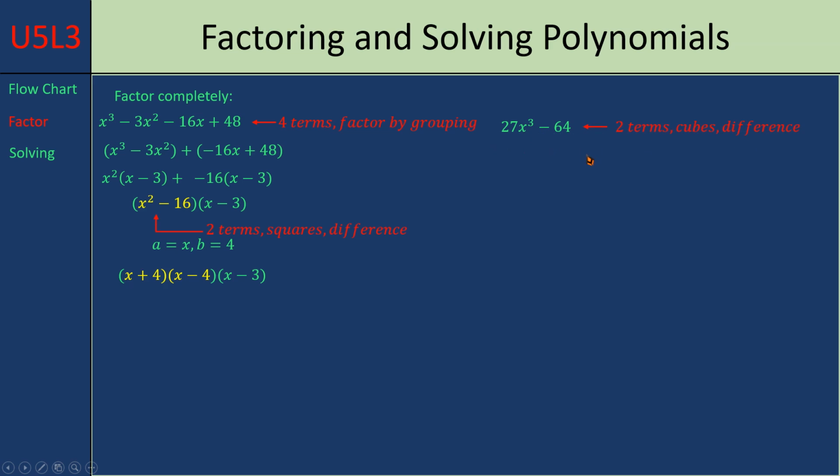So follow the formula. A is 3x. Okay, remember the cube root of 27 is 3. The cube root of x cubed is x. Cube root of 64 is 4. Follow the formula. Difference is a minus b, so 3x minus 4. And then a squared is 9, right? 3 squared is 9. x squared is x squared. And then a times b is 12x. And then b squared is 16.